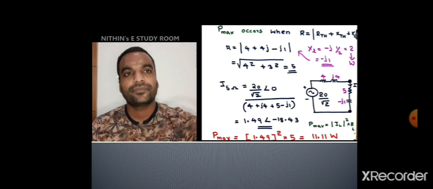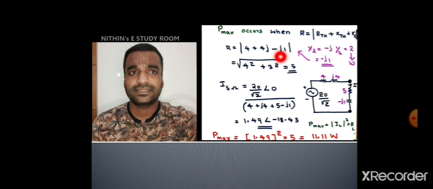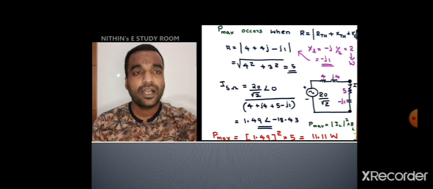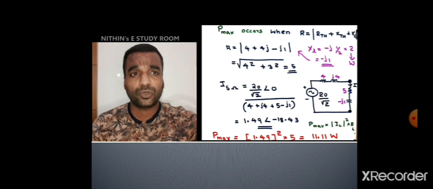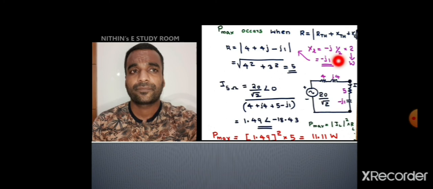That's why we get 4 plus 4j, that is XThevenin, minus j1 for XL. How did you get XL? The load reactance is equal to minus j1. XL is a capacitor, so you use minus j into its value, which is 1 by omega into C.